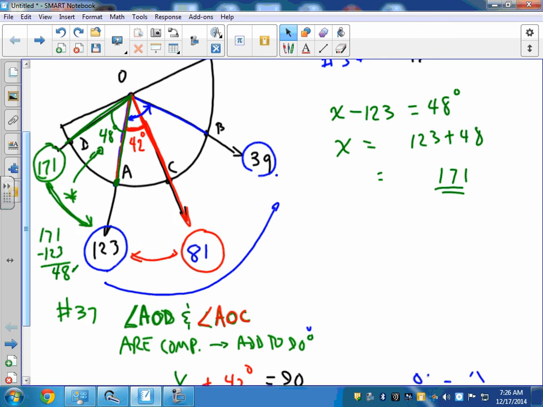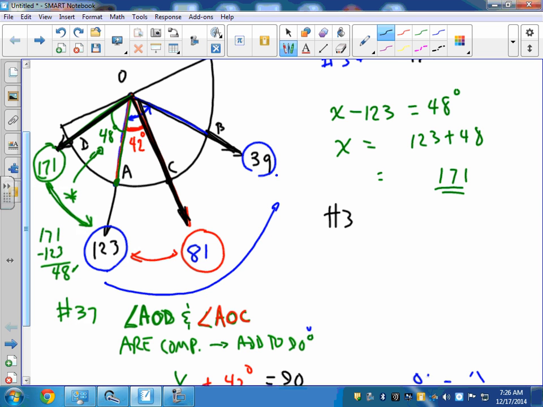And the last question about this protractor problem is, would it be correct to say that ray OC is between ray OD and ray OB? Is it between it? And the answer is yes.